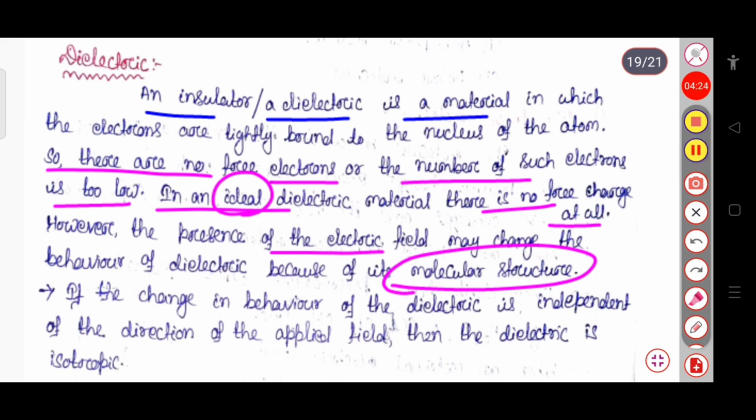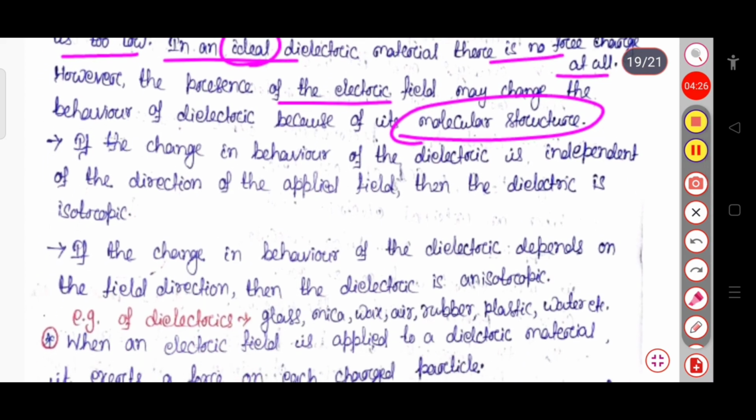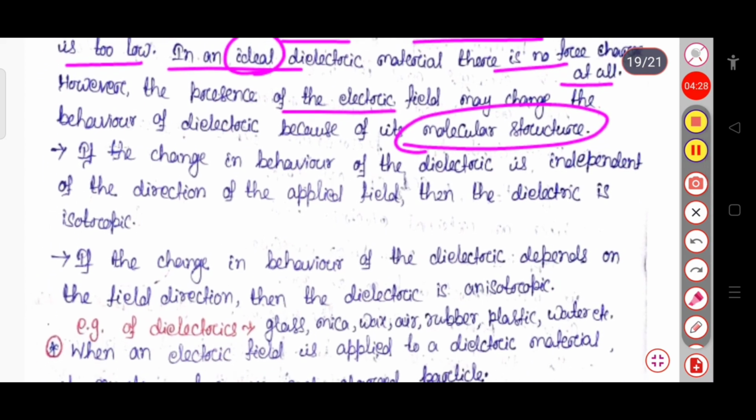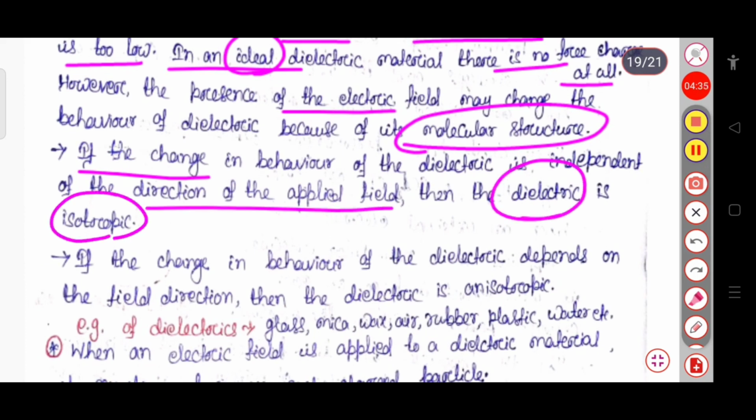If the change in behavior of the dielectric is independent of the direction of the applied field, then the dielectric is called isotropic. Suppose this is a dielectric material and we apply some external electric field to it.